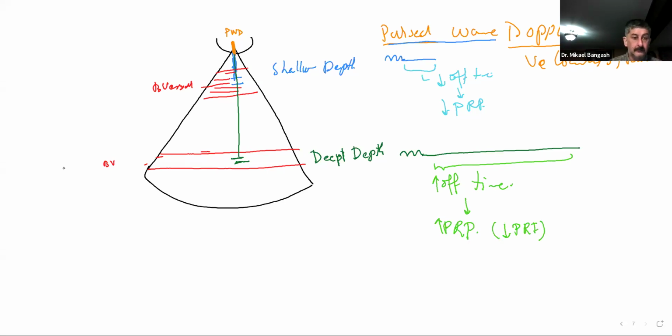Likewise over here, we had a low PRP, so we will have an inversely and reciprocally greater PRF.